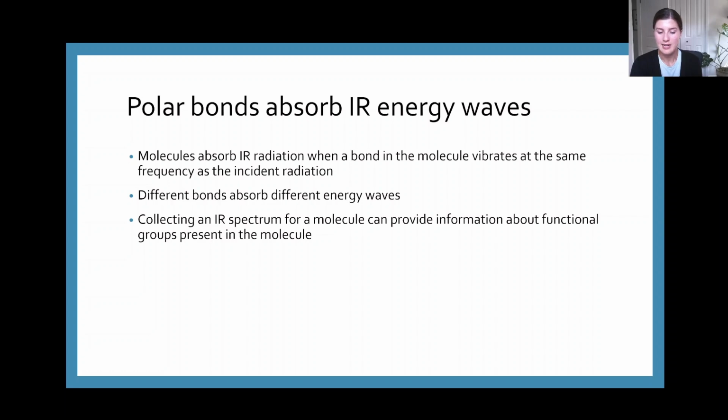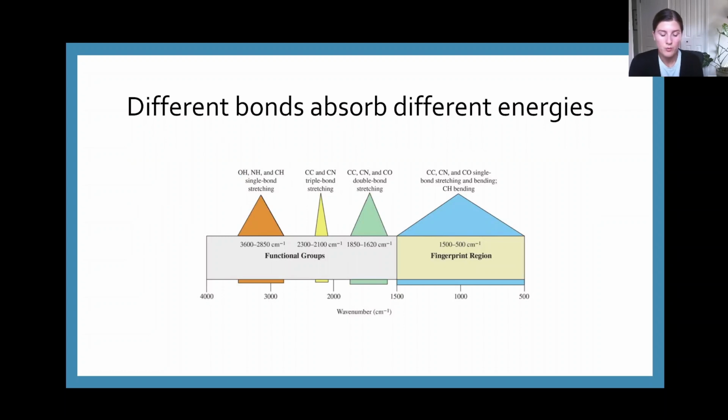So if you collect an IR spectrum for a molecule, that can tell you information about what types of bonds are present in the molecule. And so here's one representation of how different bonds will absorb different energies. You can see the higher wave numbers are absorbed by OH, NH, and CH bond stretching.